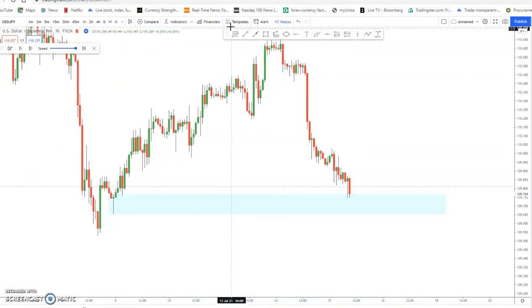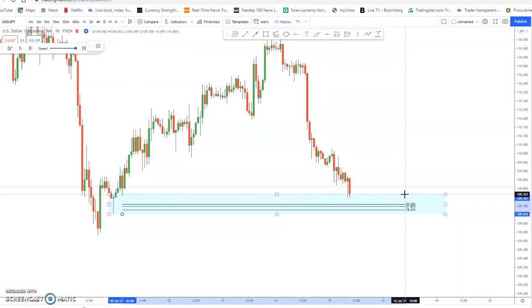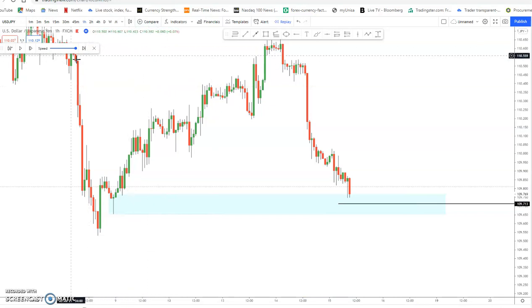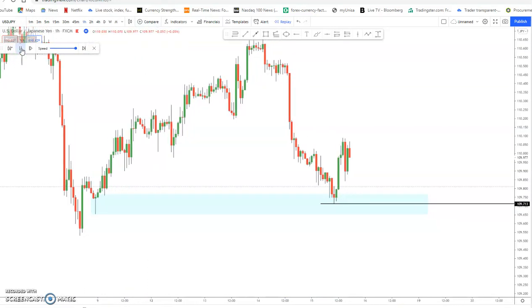You can take your fib and take 50% of the OB, which should be this, and then enter off that.